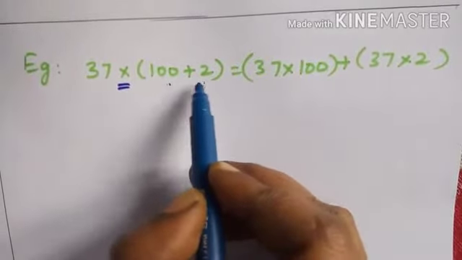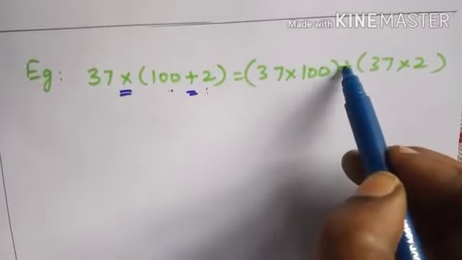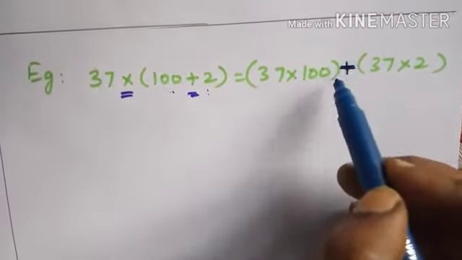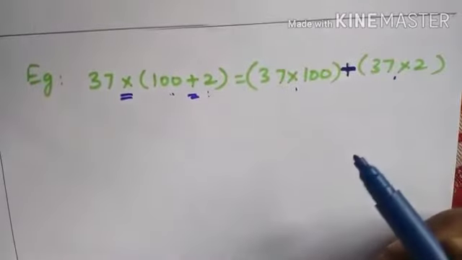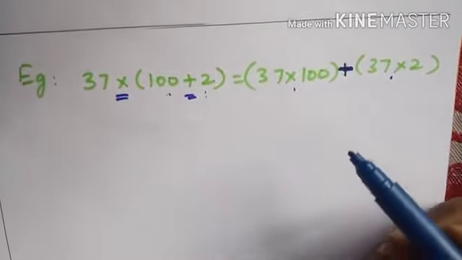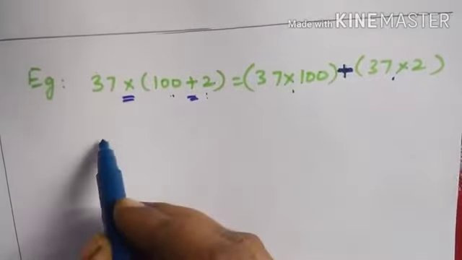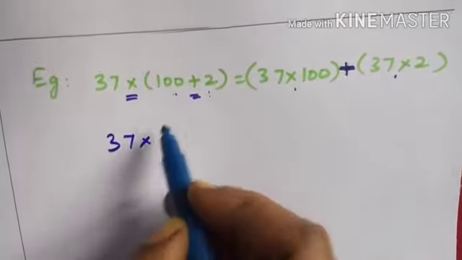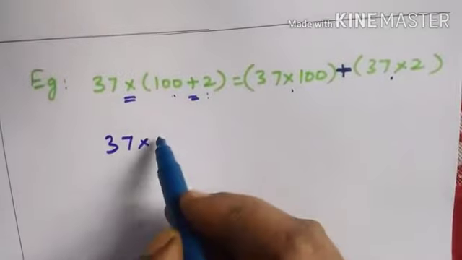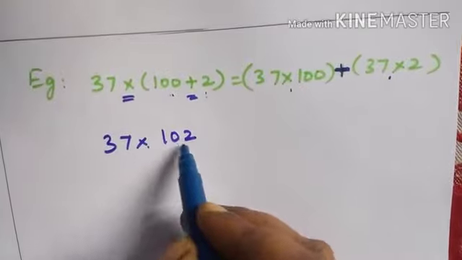And sum of the numbers, addition is there, can be written as the sum of two products. This is called the distributive property of multiplication over addition. Now you see here, 100 plus 2 is what? 102, isn't it? So 37 into 102.